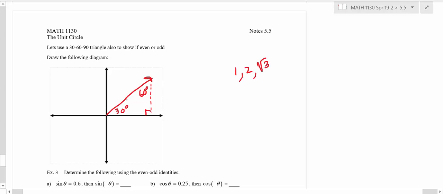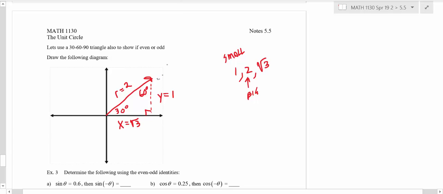You've got to match them up in the right place. 1 is the smallest number. 30 is the smallest angle, so you get a 1 there, and that would be a y value. You'd have y equals 1. 2 is the biggest, so that would be the hypotenuse, so r equals 2 in your diagram. And then the 1 in the middle is the square root of 3, so your x value would be square root of 3.